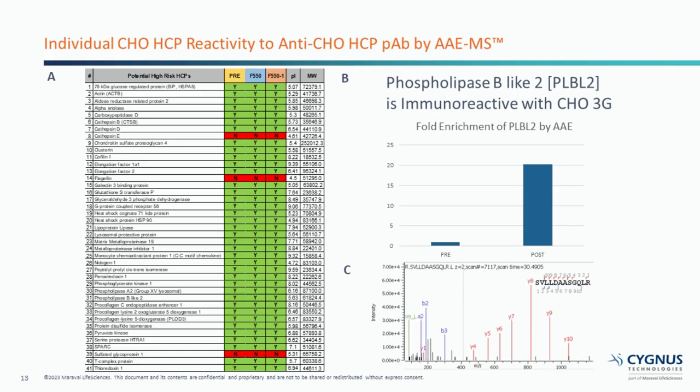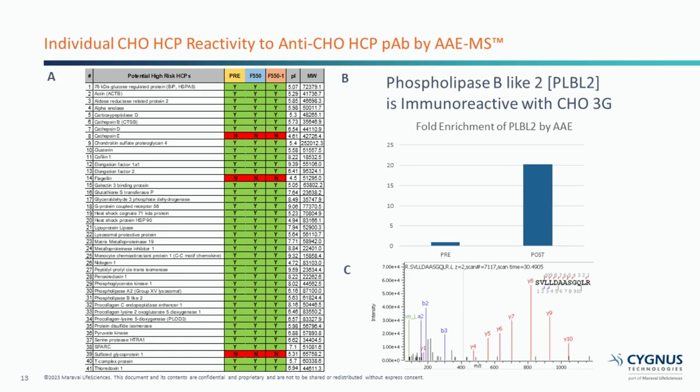So in the past, when somebody would ask us, do you know if our antibody reacts to this protein or that HCP, we could say at most, maybe. We really were guessing. We didn't have the insightful, accurate results. However, today, with mass spectrometry, we can confidently answer this question.